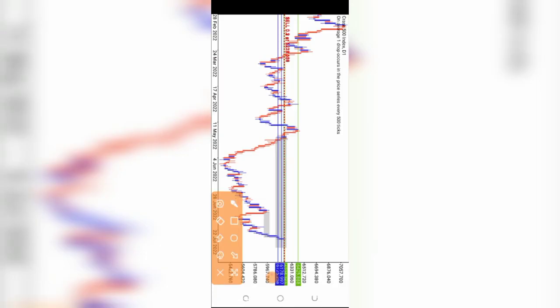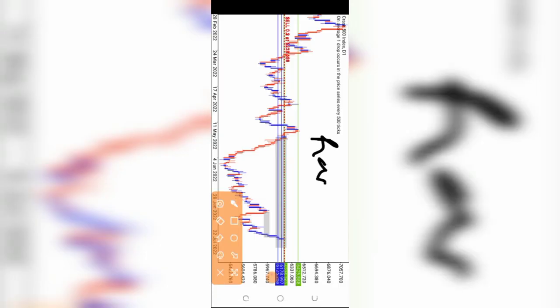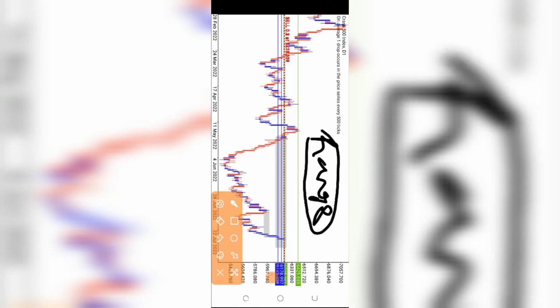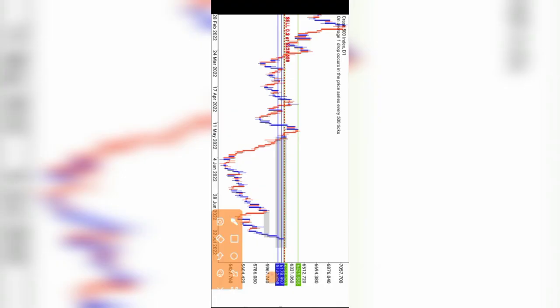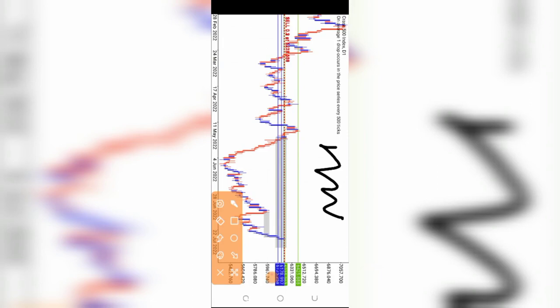In my mentorships, that's what I did with them, I make it more simple for them. We talk about range, right? Once you know your range, everything is resolved. You don't have problems with your range. What I tell them is that the moment you have your structure, your higher high, your higher low, just mark out the high and the low.